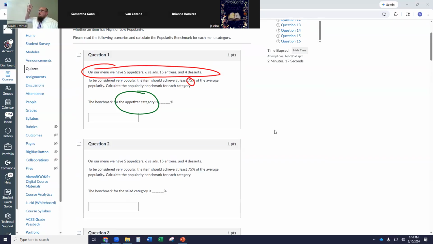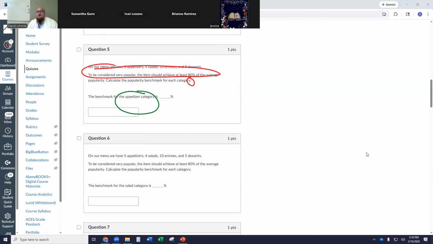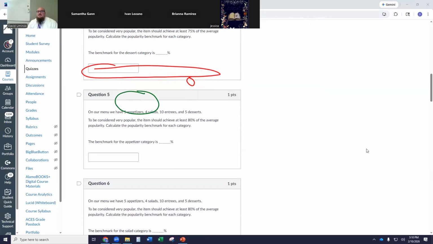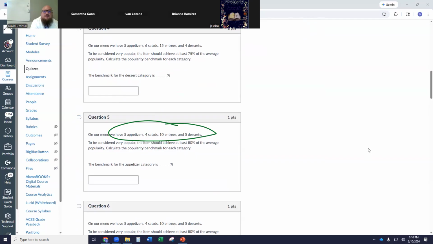Questions 5 through 8, you'll notice, have a different percentage and different numbers for the categories. This is giving you that repetition, that practice over and over again, of finding the popularity benchmark.